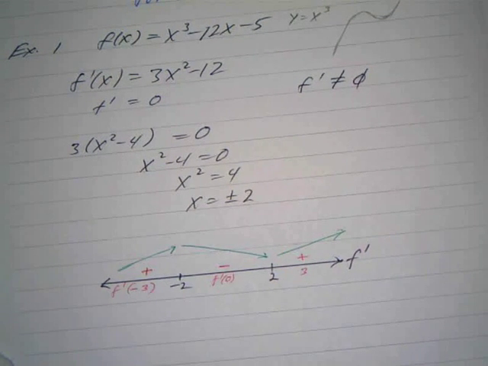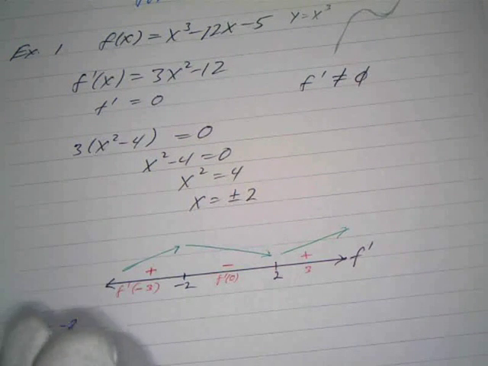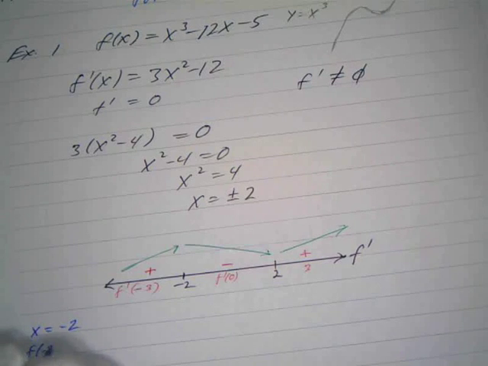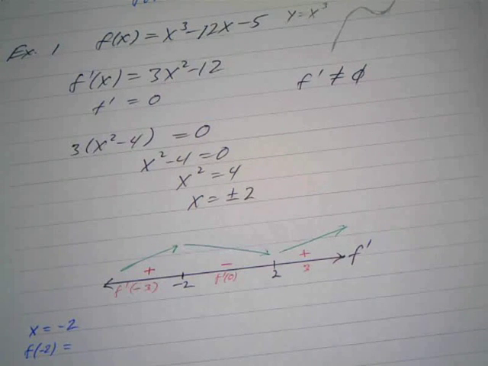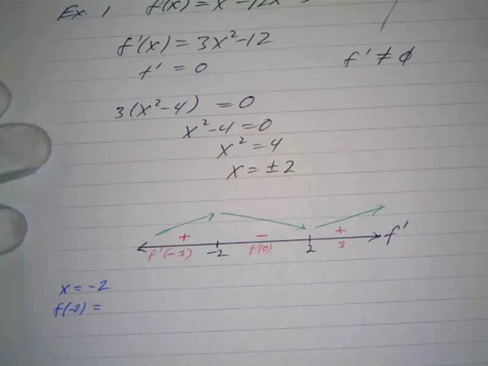So we know when x is equal to negative 2, what is f of x, or what's f of negative 2? So we have to put that into our original function. And if I look at this, negative 2 cubed is negative 8.